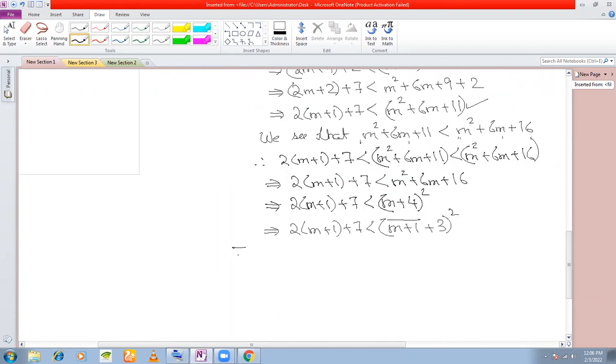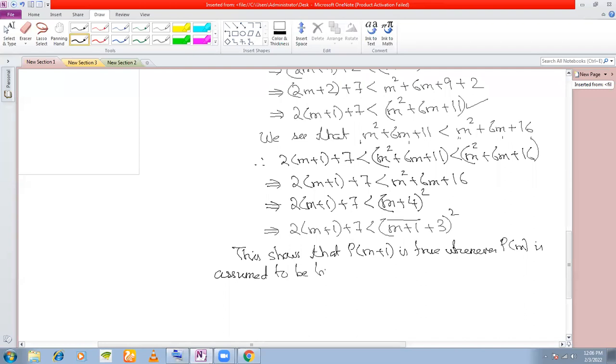So this shows that Pm plus 1 is true whenever Pm is assumed to be true for every natural number m.